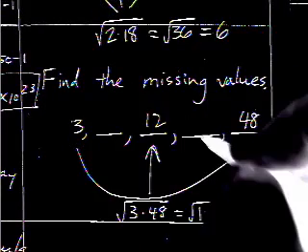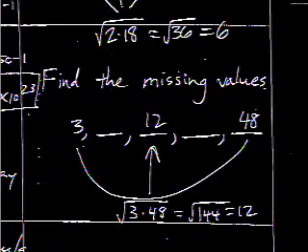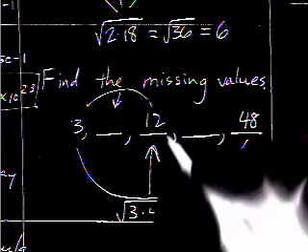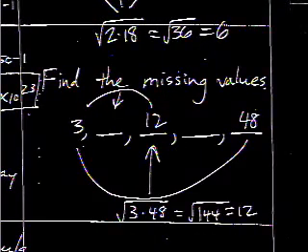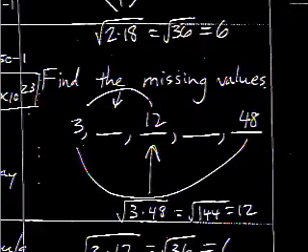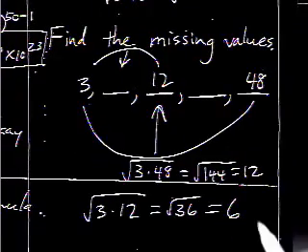So we know that value is a 12. What are we going to do here? Probably the same thing. 3 times 12, take the square root. Gives me 6.